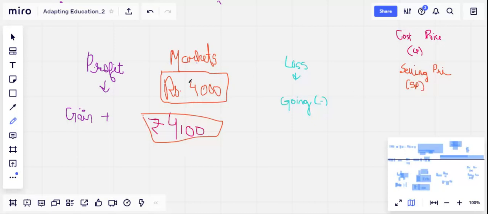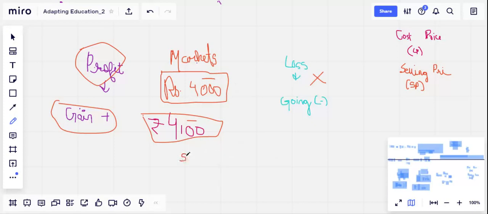Over here you see the difference. You bought something for 4,000 and sold it for 4,100. This means you're gaining something; you're not going into loss at the current moment. This means there is a profit, something has been added on. And how do you calculate the profit?